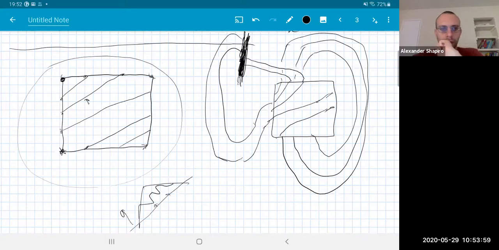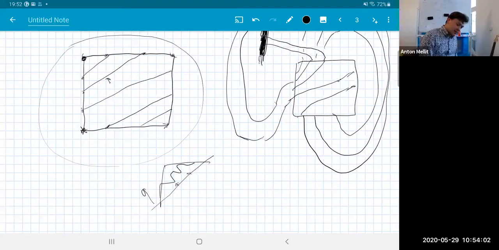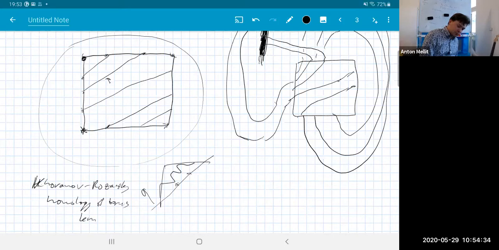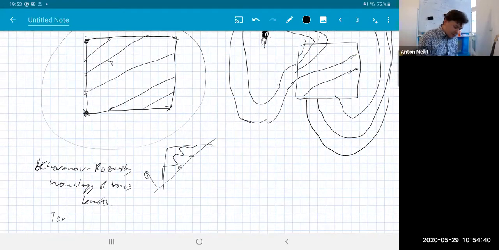I'm cheating a little bit because I don't have the pictures. So I refer you to papers like Torus braids, one about Haiman Rozansky homology of torus knots, and another about toric braids.